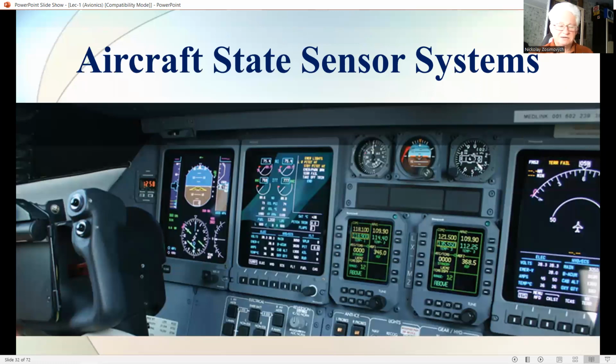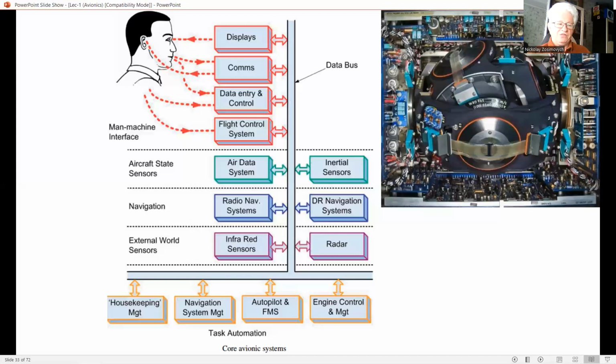Aircraft state sensor systems. These comprise the air data systems and the inertial sensor systems. The air data systems provide accurate information on air data quantities, that is the altitude, calibrated airspeed, vertical speed, and true airspeed. It also includes Mach number and airstream incidence angle.